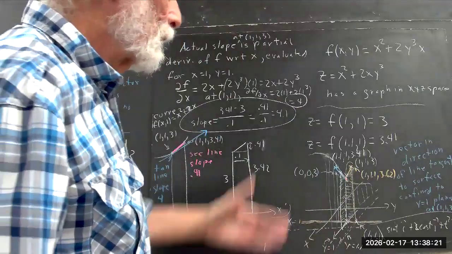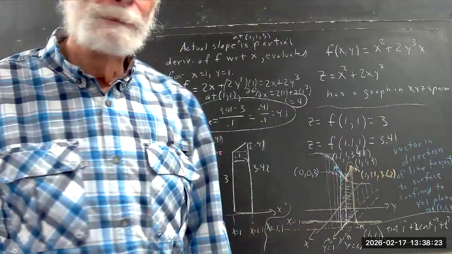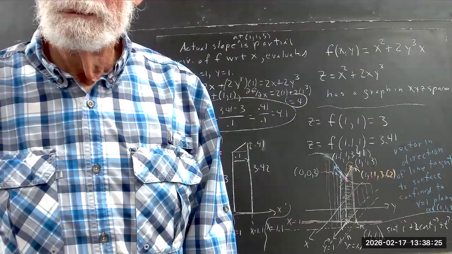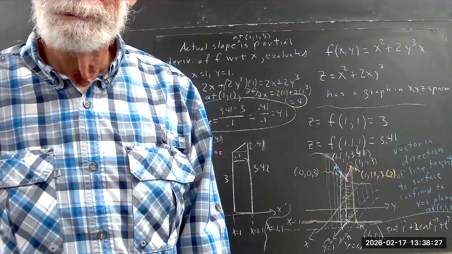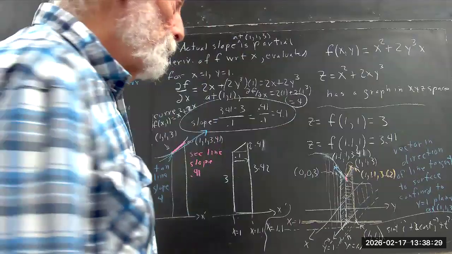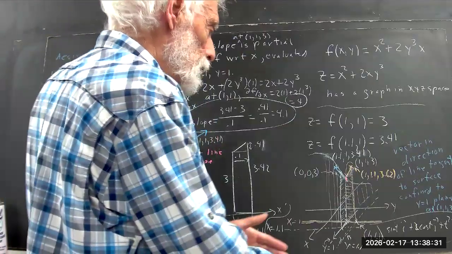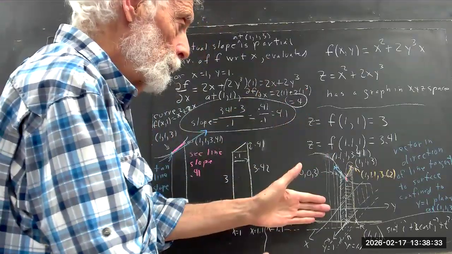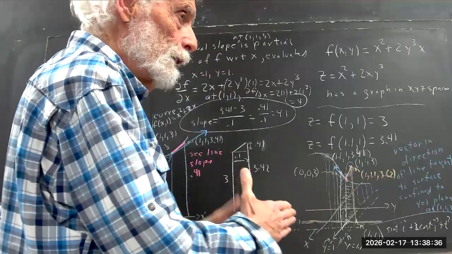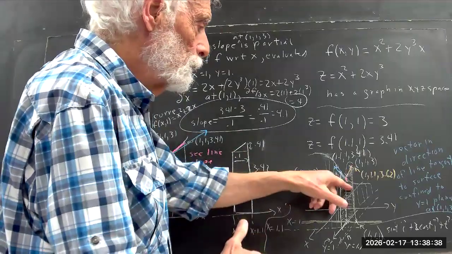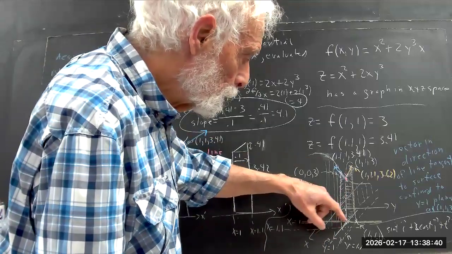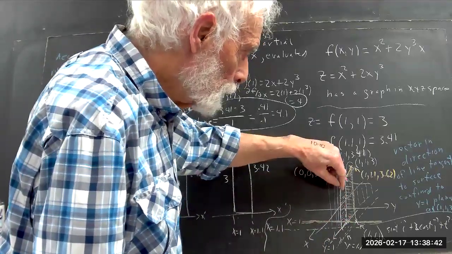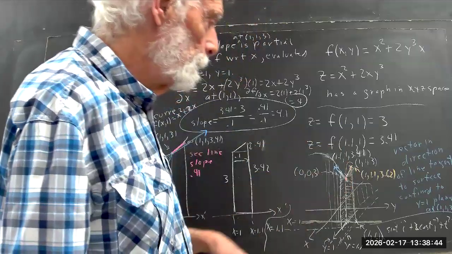X equals constant. It's parallel to the YZ coordinate plane. So we've got this side here, a side here, and a side here. These two are perpendicular. You have a right angle between this plane and this plane.